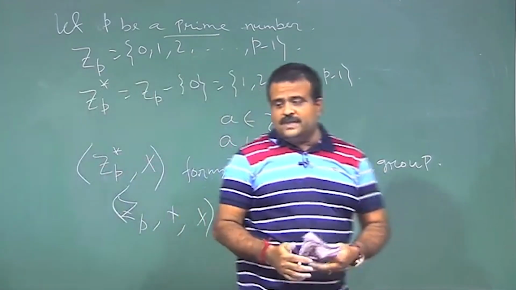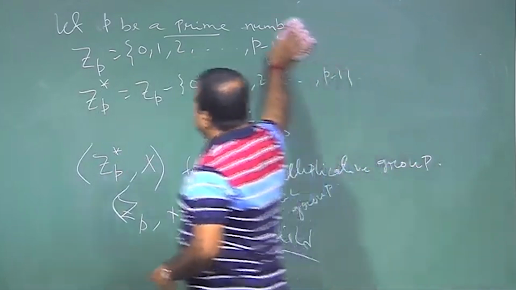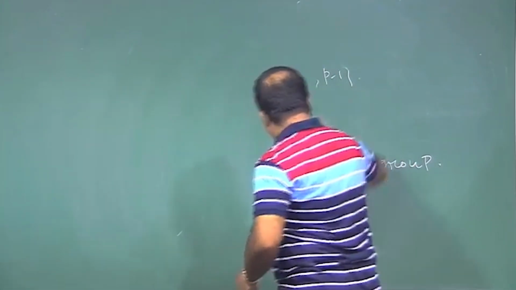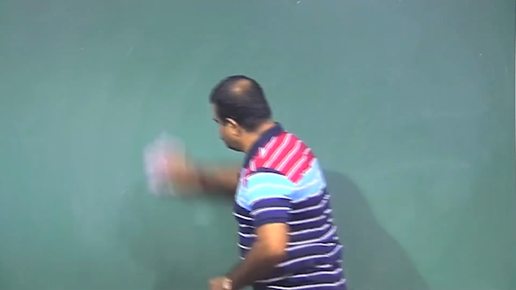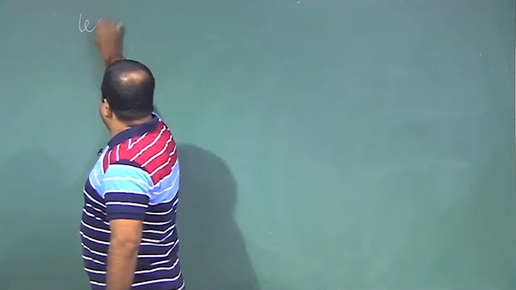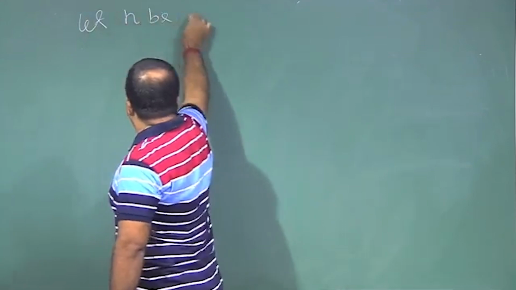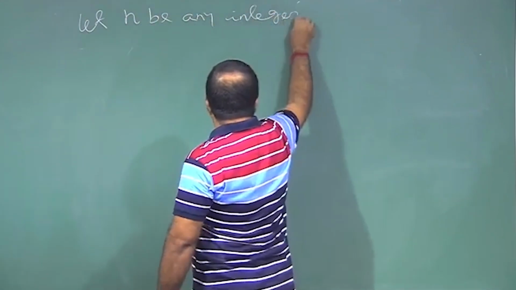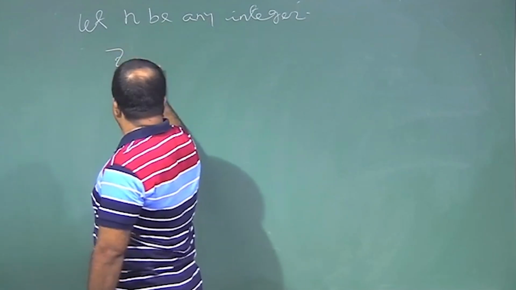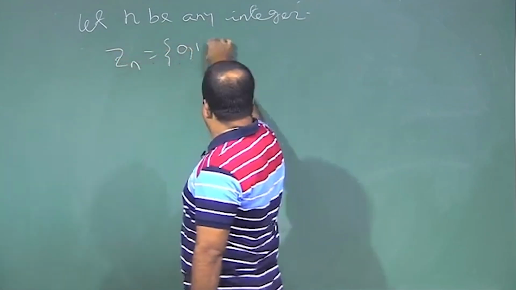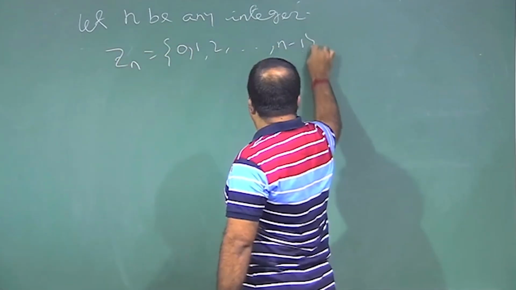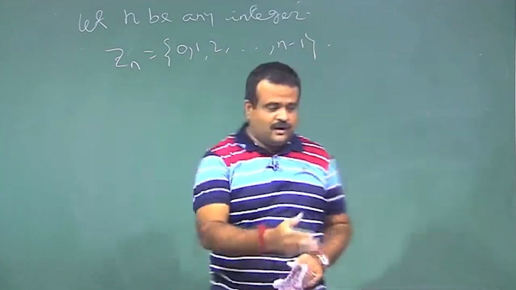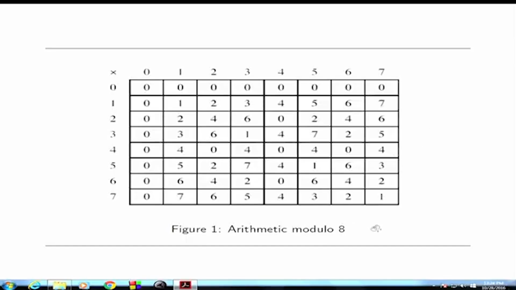Now, what will be the case if n is not a prime? Suppose the general case: let n be any integer, need not be a prime. Then we define Zn. In the slide we have taken n equal to 8.